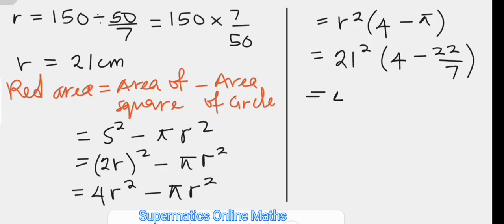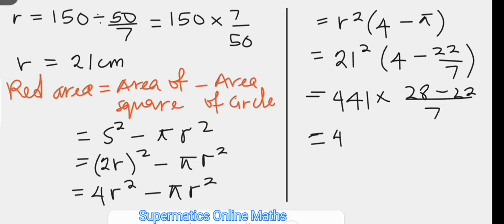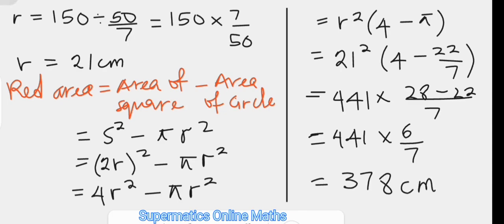This is 441 times 28 minus 22 over 7, which is 441 times 6 over 7. The red area is 378 square centimeters.